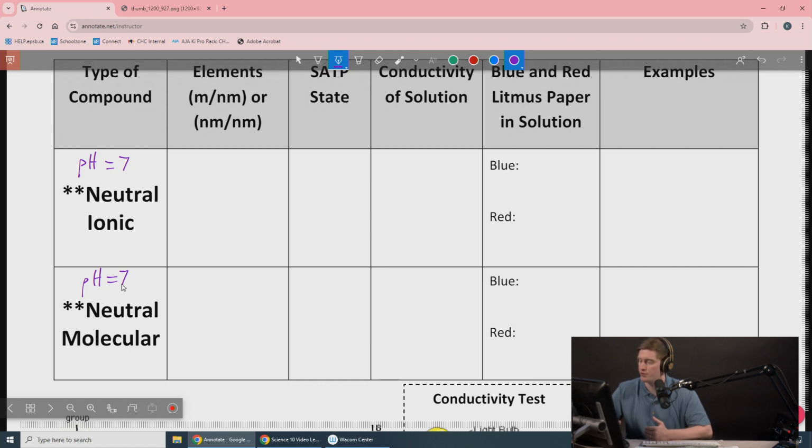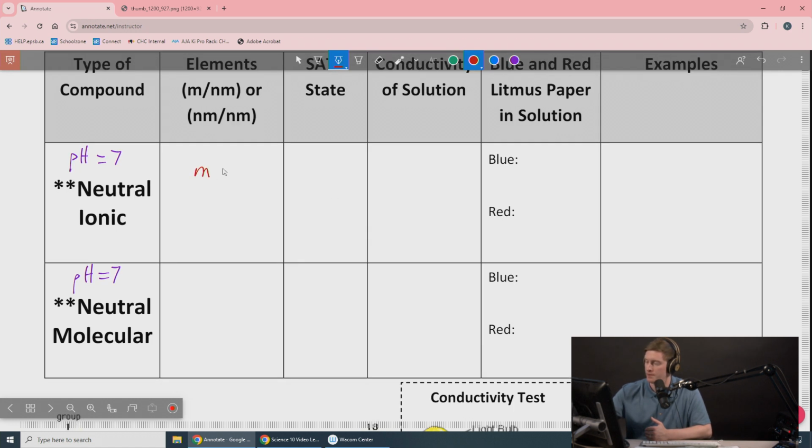Ionic compounds are going to be a combination of a metal, which they have abbreviated on the top as M, and a non-metal. So a metal plus a non-metal. At standard atmospheric or standard ambient temperature and pressure, these are going to be solid.